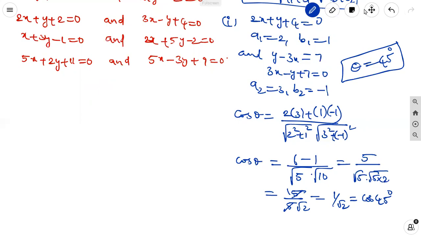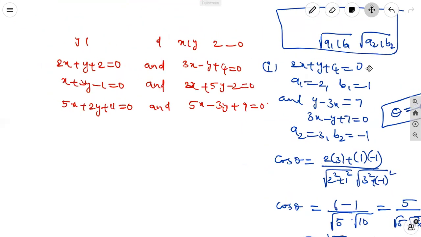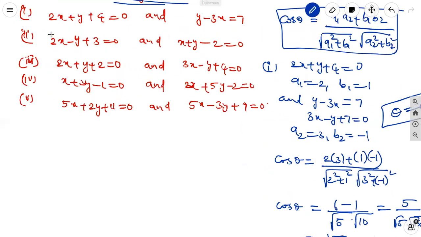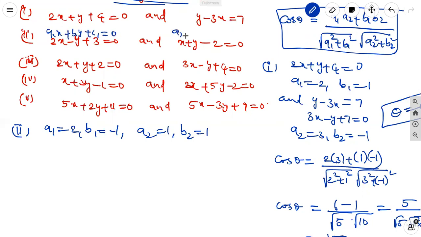The second problem: a1 is equal to 2, b1 equal to minus 1, a2 equal to 1, b2 equal to 1. It is a1x plus b1y plus c1 equal to 0, a2x plus b2y plus c2 equal to 0. You can just take the coefficients of x and y.